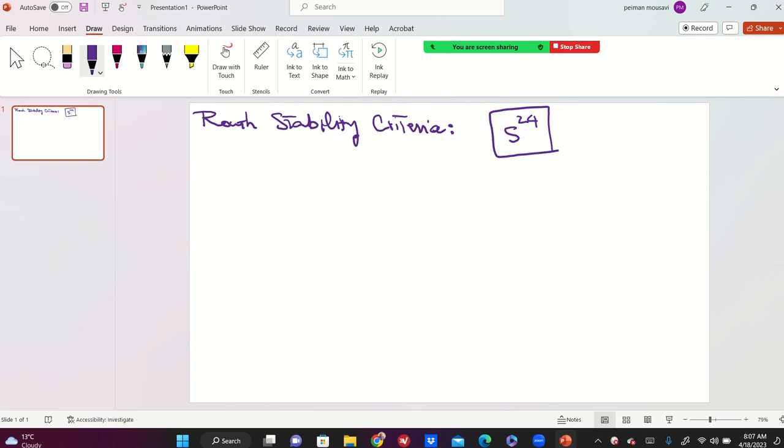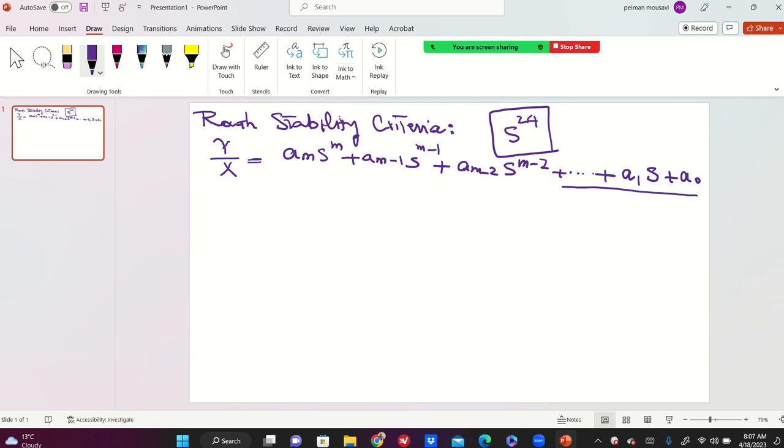now if your closed loop system y over x has a numerator a_m s^m plus a_(m-1) s^(m-1) plus a_(m-2) s^(m-2) plus ... plus a1 s plus a naught, which means that how many zeros you have?